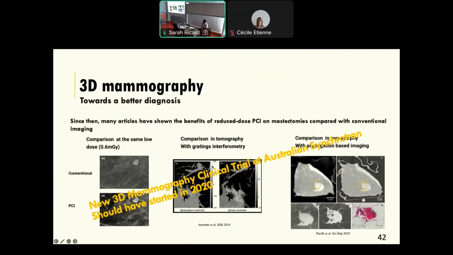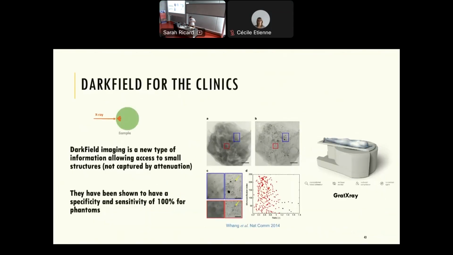But well, in 2020, you know that there was a small thing called COVID, so it was cancelled, and this actually happens nowadays at the European synchrotron. So some women are being imaged at the European synchrotron to prove that this is useful for breast cancer detection.